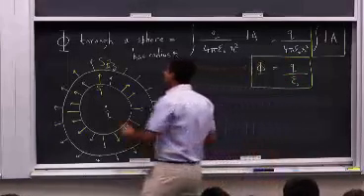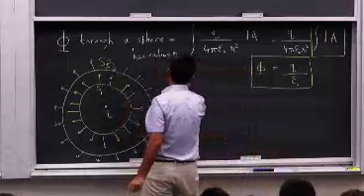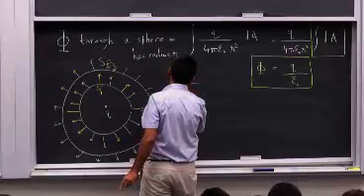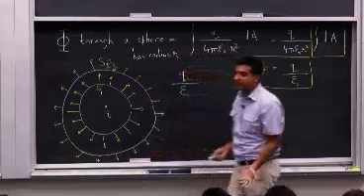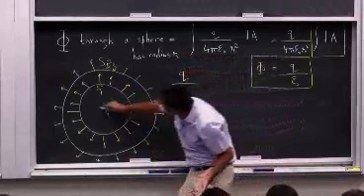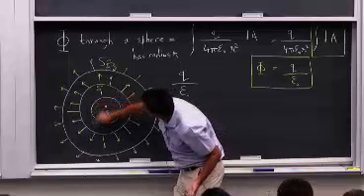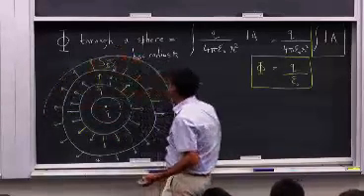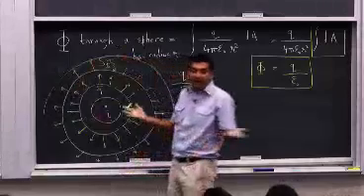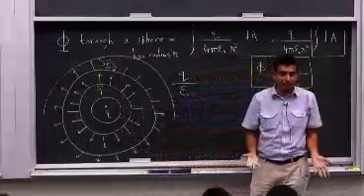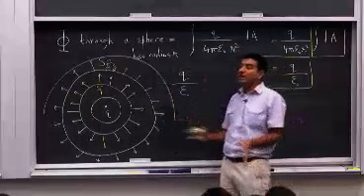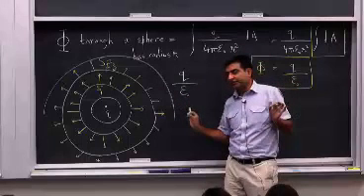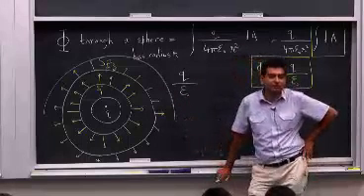So the flux through S1 is Q over epsilon naught. The flux through S2 is also Q over epsilon naught. If I draw any other spherical surface, large, big, small, whatever surface I draw, the flux through all of these concentric surfaces is going to be Q over epsilon naught.